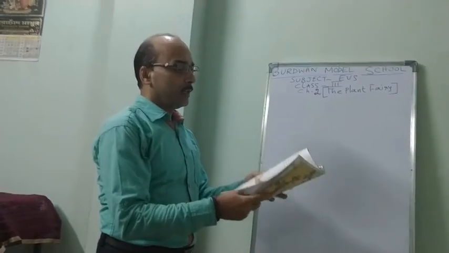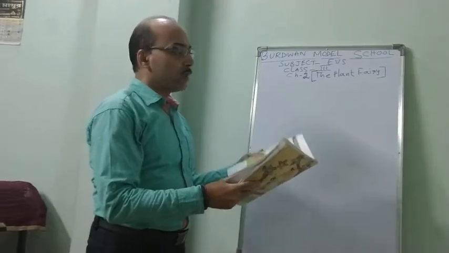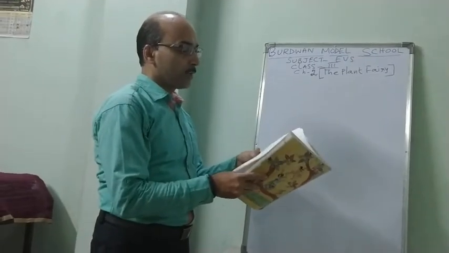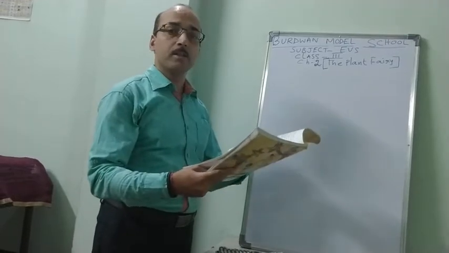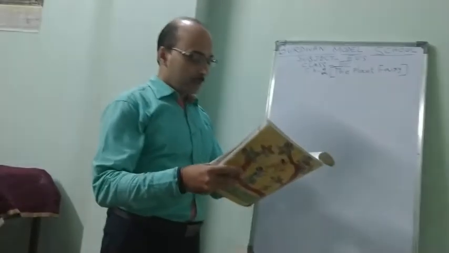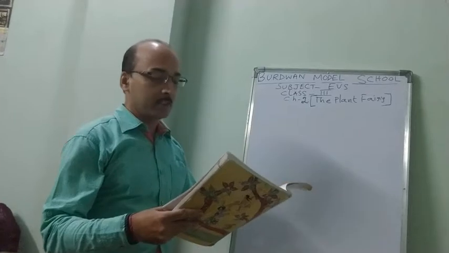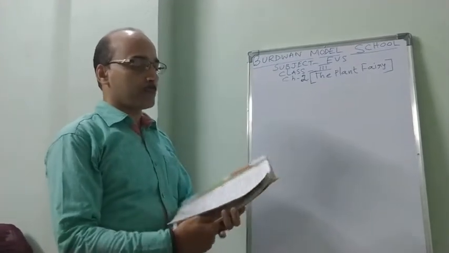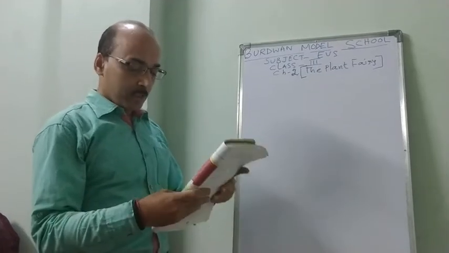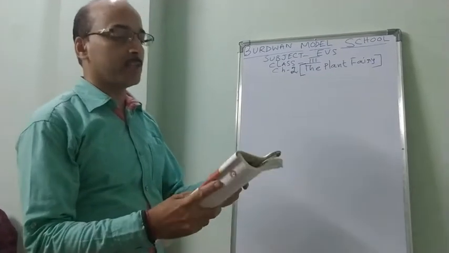Let us open chapter 2. We have discussed up to page number 15. We will discuss page numbers 16 and 17, the rest of the chapter. Let us open page number 16.